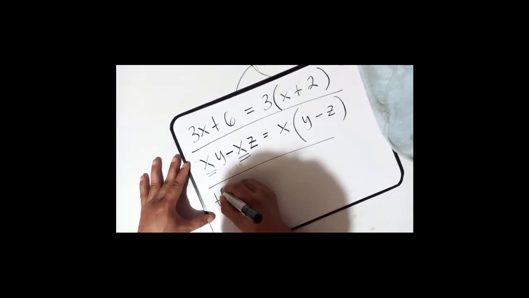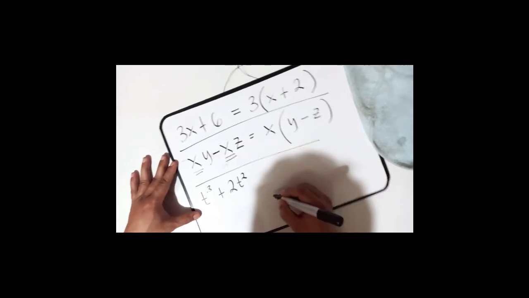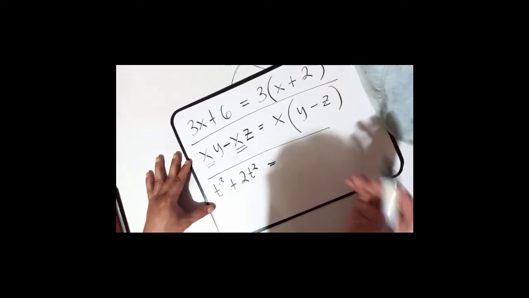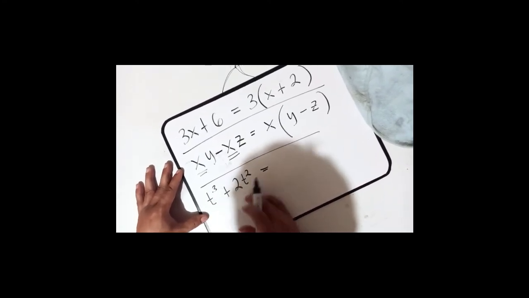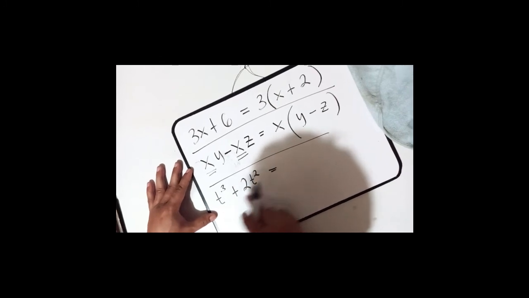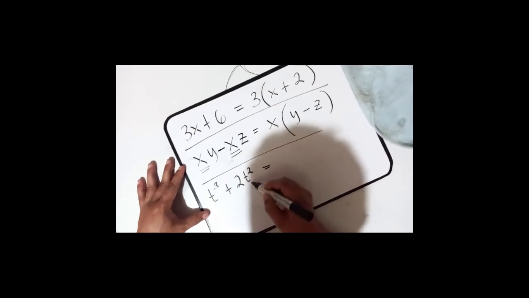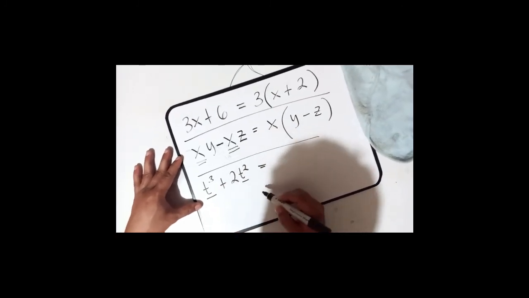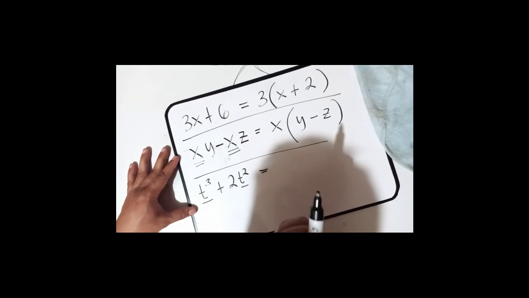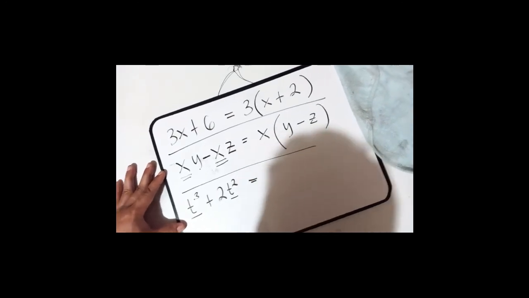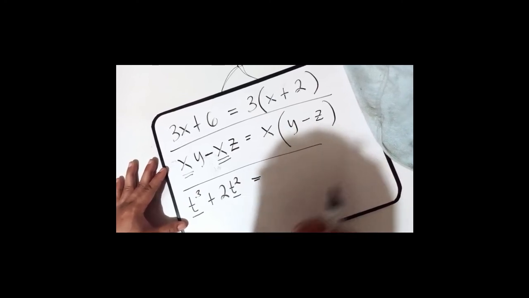Okay, let's have another example. This time let's try t cubed plus 2t squared. Okay, so we need to think of similar terms here. What are the terms that are similar to both sides? So there is t. We have t and we have t. And the second move will be, let's try getting the highest value, the greatest number, because we are trying to factor this by using the greatest common factor.